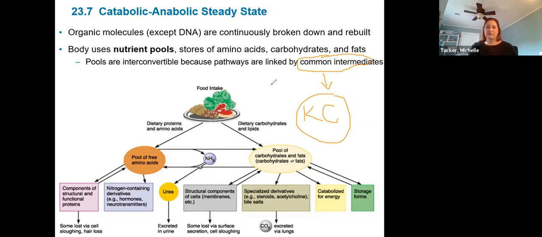Gluconeogenesis takes place in the liver, so that's the only one that has the right enzymes for that pathway. So not every cell has all of the enzymes, but there are cells for each interconversion, okay? But all of that gets linked through the Krebs cycle.